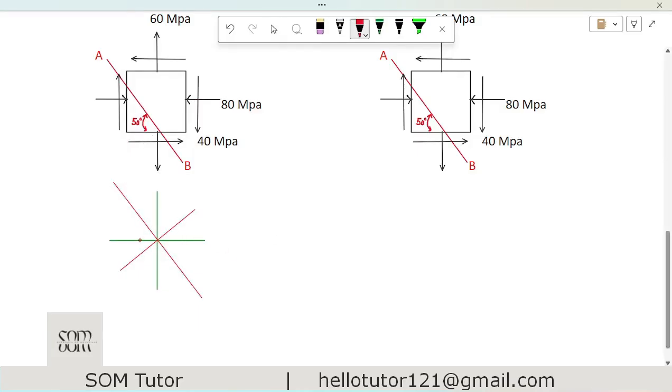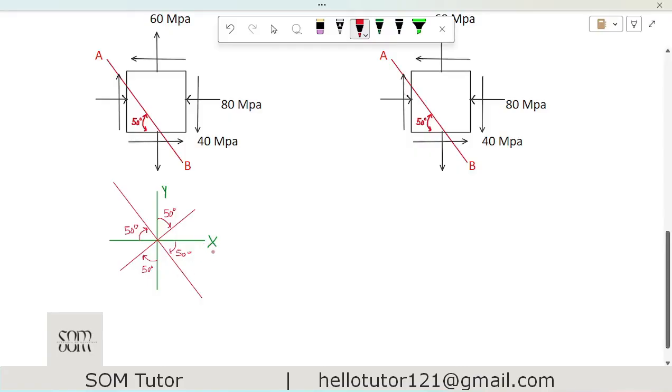So let us say this was the original x axis, and this is the original y axis. By original I mean before the transformation. Now when you rotate it, let us rotate each and every one. Because this is 50 degrees, this one is also going to be 50 degrees, and this one is also going to be 50 degrees.